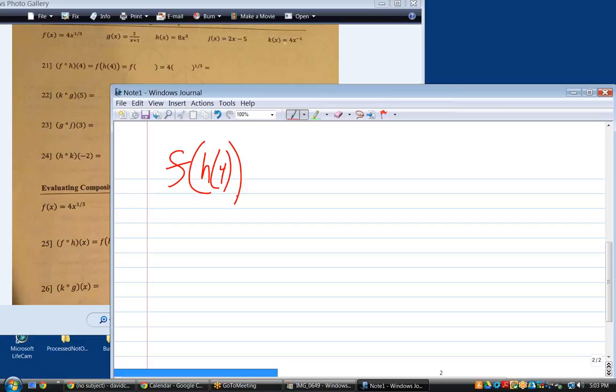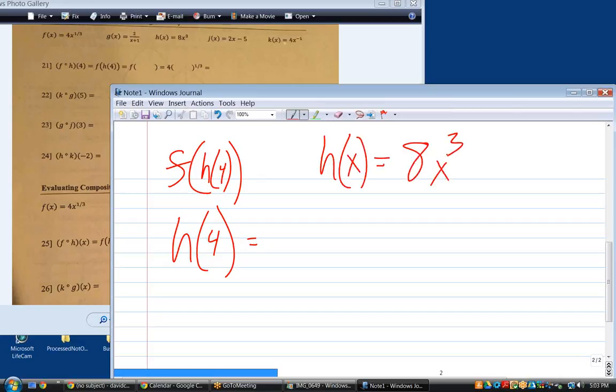Okay. Well, how do we fill in this? What is h of 4 equal to? If h of x equals 8x cubed, then what is h of 4 equal? 8 times 4 cubed.